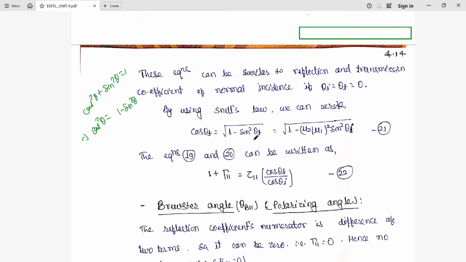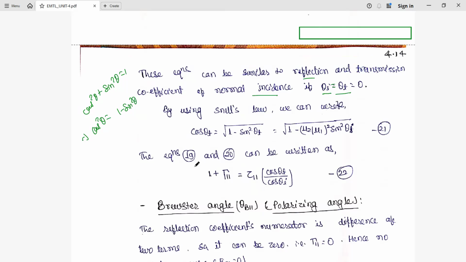Here the situation is similar to the reflection and transmission coefficients of normal incidence if theta_i and theta_t both are equal to 0. Then it will be the same as the previous condition of normal incidence.